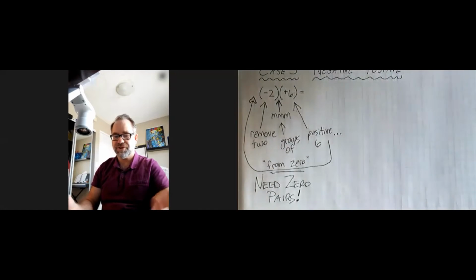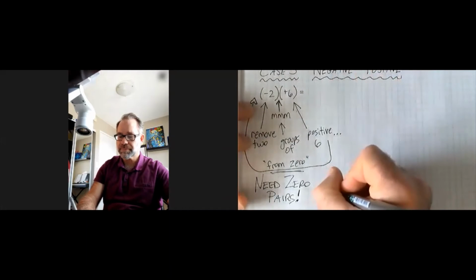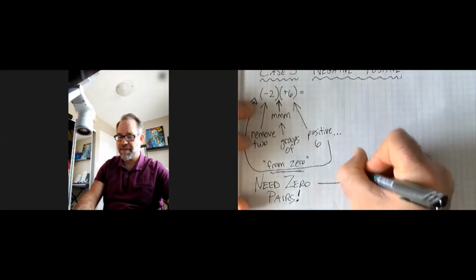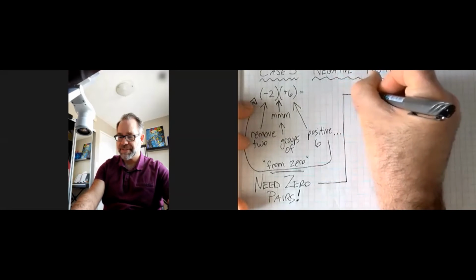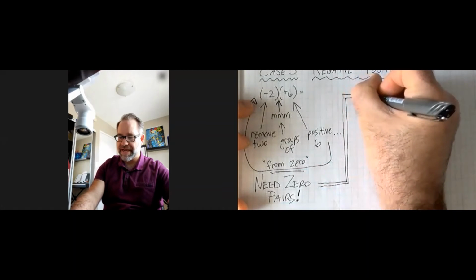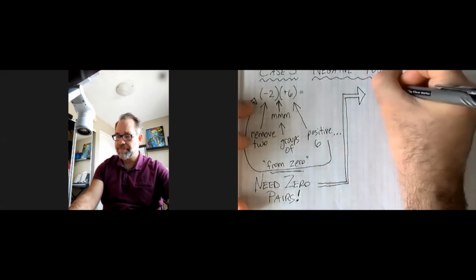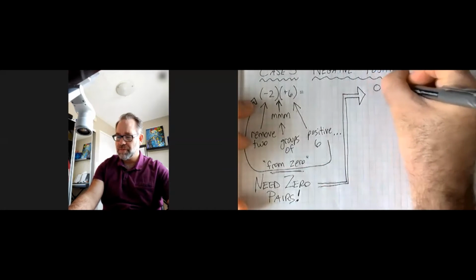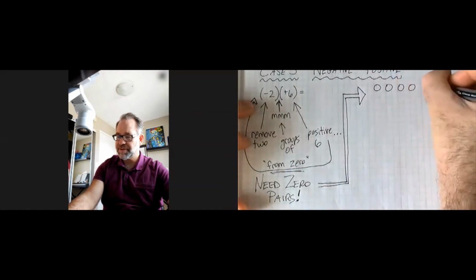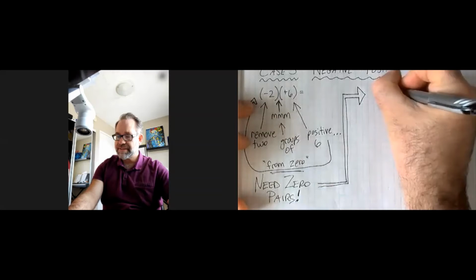So let me show you what we're going to do here. We're going to start off with our model. So that's all our thinking to get us started. And once we've seen that, we can begin. So I'm going to leave lots of space here so it's a little bit easier to see. So right now there's 1, 2, 3, 4, 5, 6. That's positive 6.